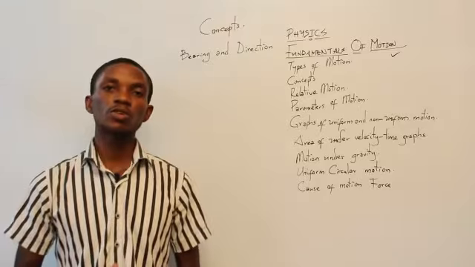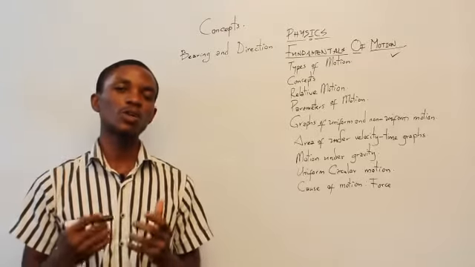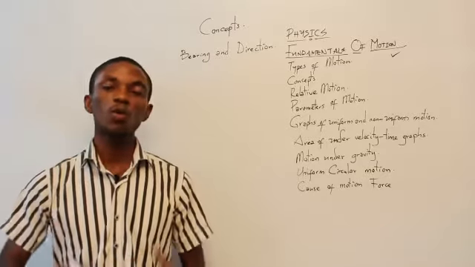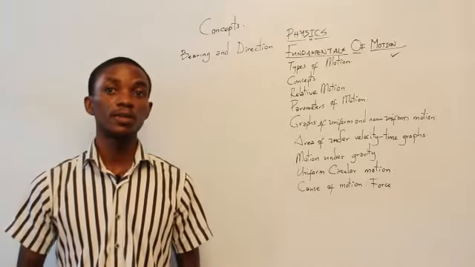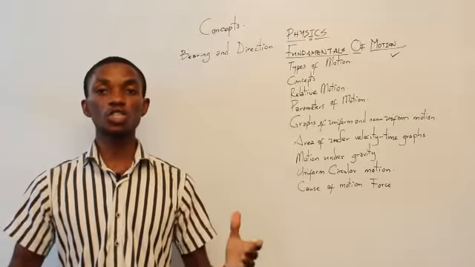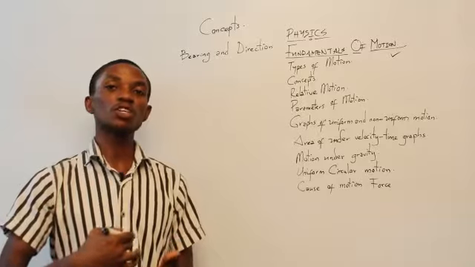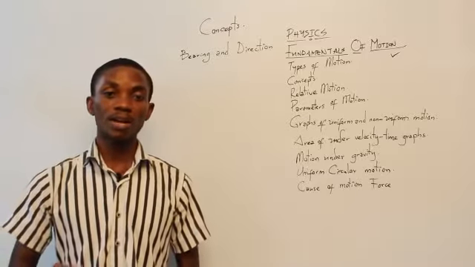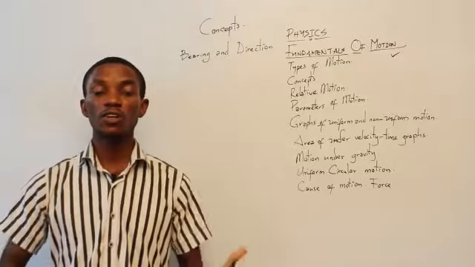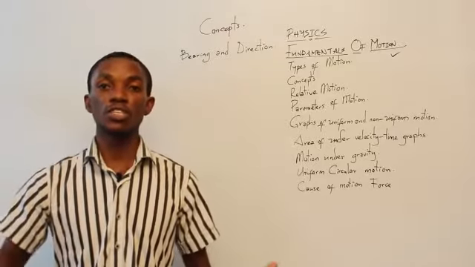We cannot get to any location in the world without having a map. And your knowledge of how to handle the map, how to read your map, works a lot with the knowledge of bearing. When we talk about bearing, we talk about our current location or joining of positions in which the particular locations have been identified. Peradventure, you're being told a particular person is situated at a location 30 degrees north of east.